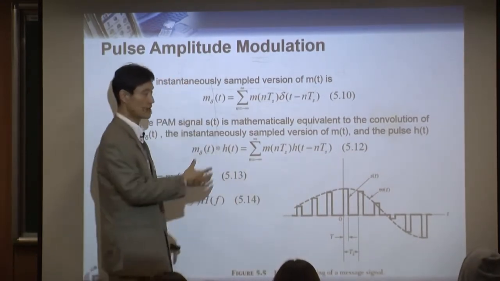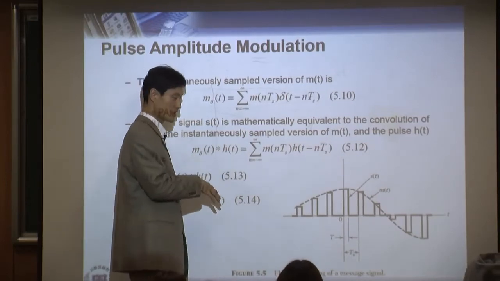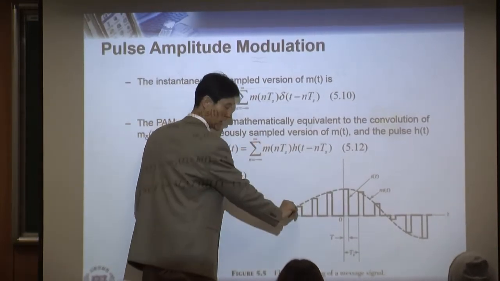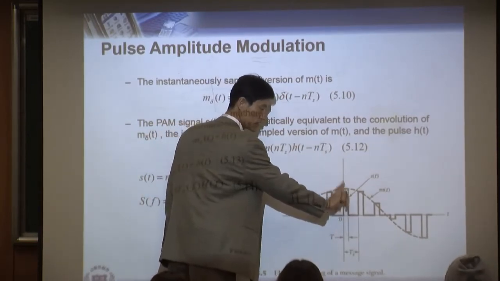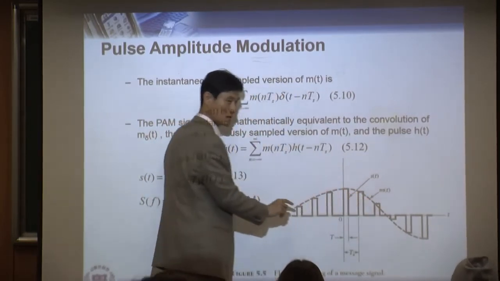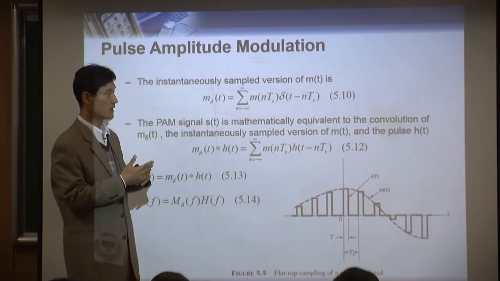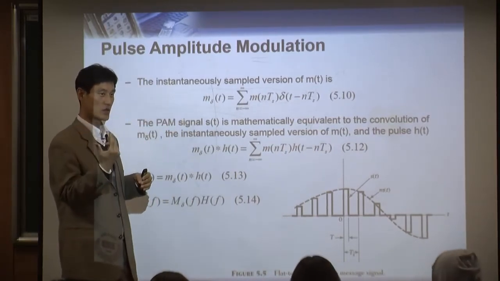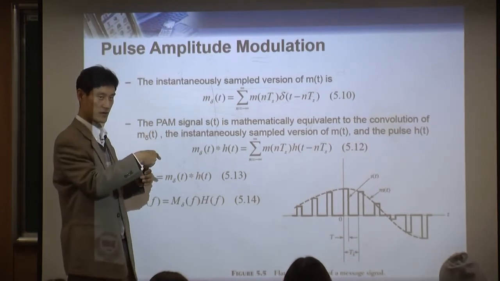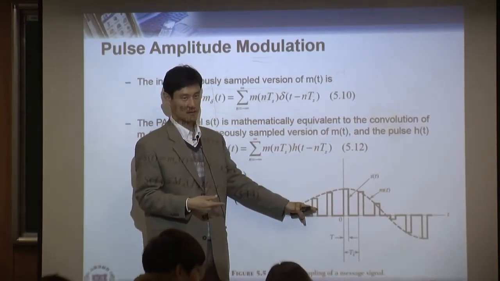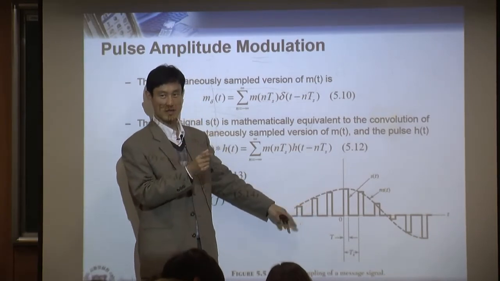This is a pulse amplitude modulation, exactly same because your information is in the amplitude. In this case, a pulse amplitude, right? Your amplitude has information. The only difference is that in the analog AM, we use a sinusoidal carrier. This one, we use the pulse train as a carrier. Only the carrier is different. Everything is the same.